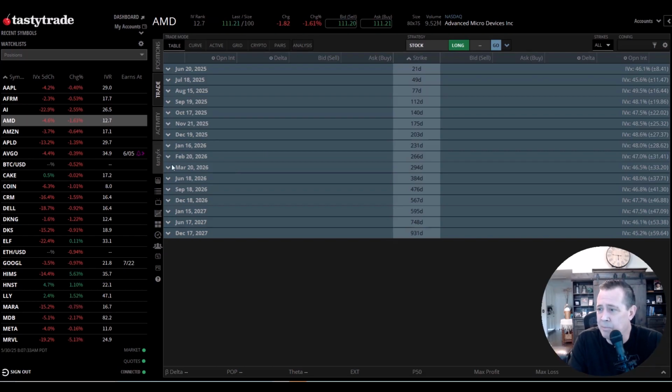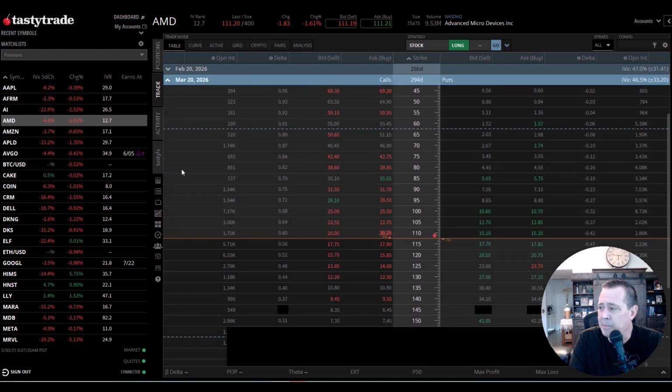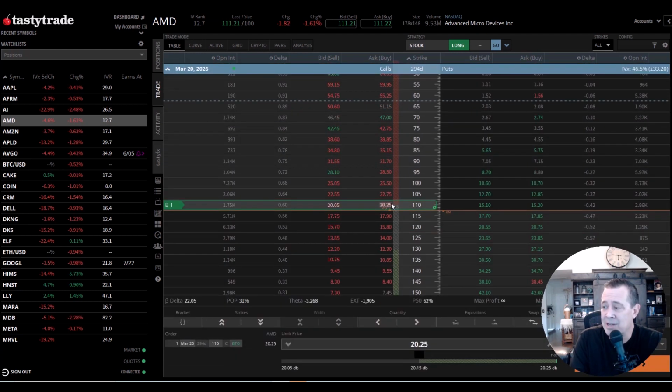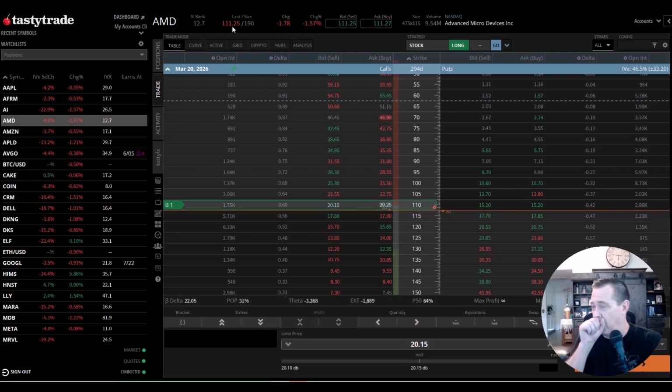So we're going to go out to March, open that chain up, and we'll buy the 110 call for 2025. So that's one contract that controls 100 shares of stock. That's $2,025 that we're putting out for this trade. But it controls 100 shares of stock. If we were to buy 100 shares of stock, it would be $111.26. It's moving now.